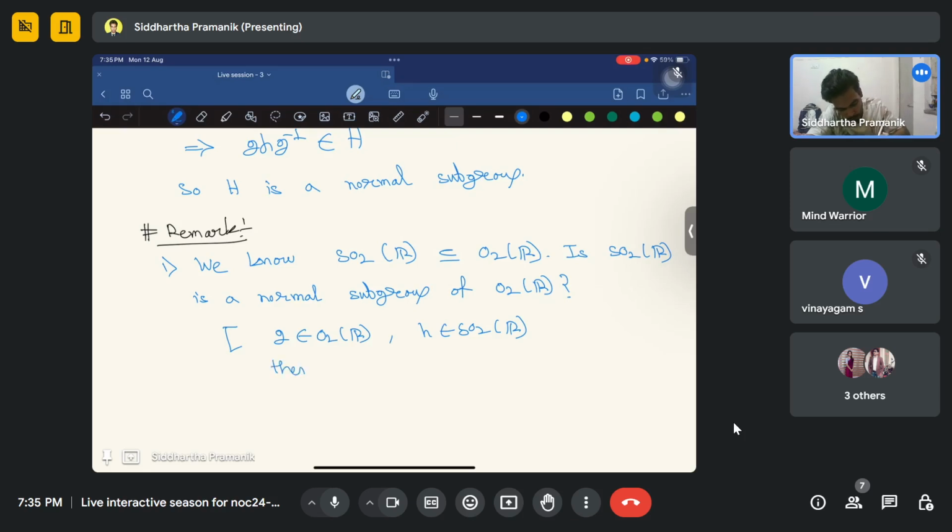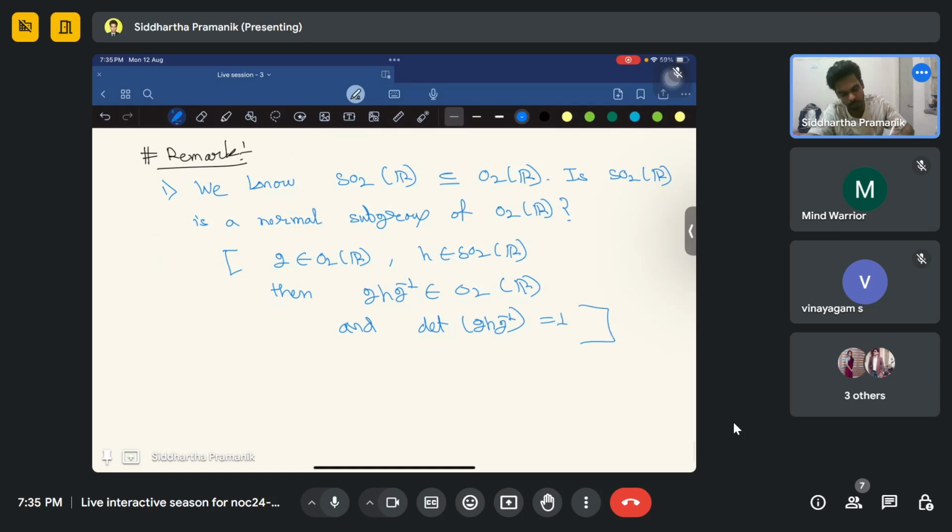So we know the product of orthogonal matrices is orthogonal. So G h G inverse is also orthogonal, because G inverse is also orthogonal. So it is in O2R, and the determinant of G h G inverse is 1. You can check this. So from this you can conclude this one. So the answer is yes.